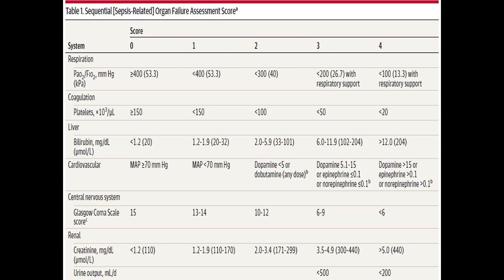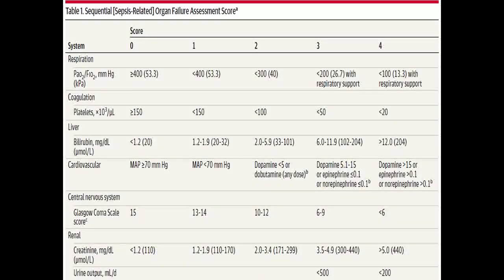And the blood investigations involve ABG, where your respiration is assessed, coagulation, platelet count, and the INR statistics. Liver functions are assessed with the liver profile. And if the patient is supported with inotropes, dopamine is no more there. These 2 drugs are the ones that we use in gaining cardiovascular stability in sepsis.